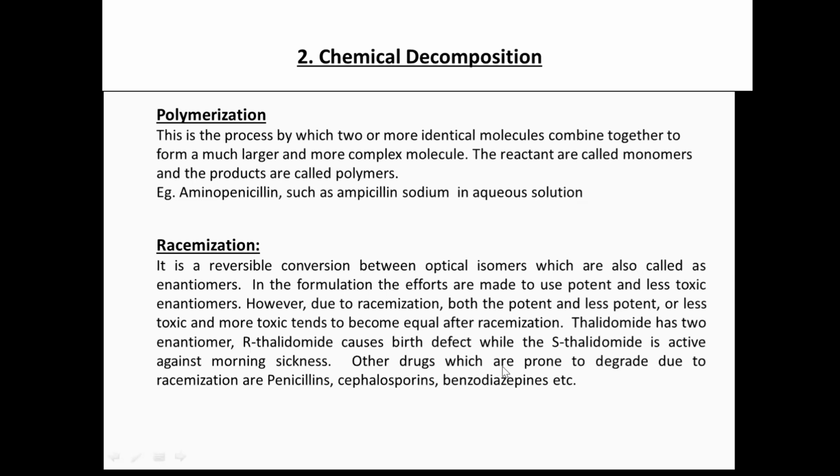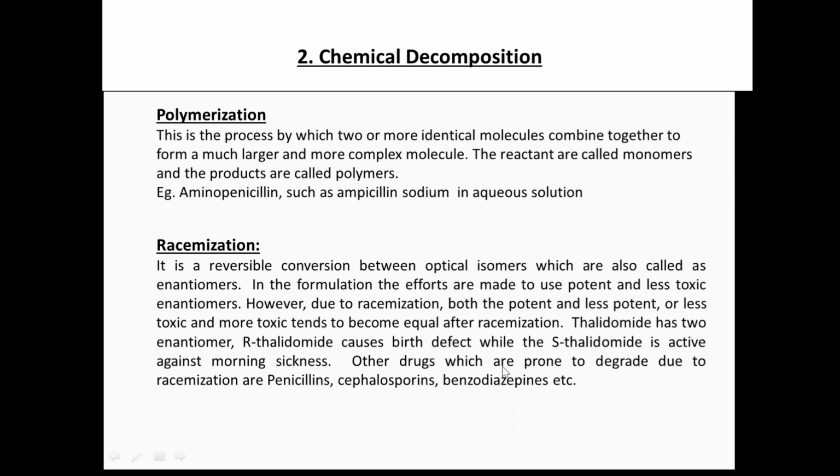Sometimes one enantiomer is non-toxic and the other enantiomer is toxic. Initially we use the non-toxic enantiomer, but due to the racemization process, the non-toxic enantiomer will form toxic enantiomer. So after a long time, due to racemization, the toxic enantiomer will also increase in amount.